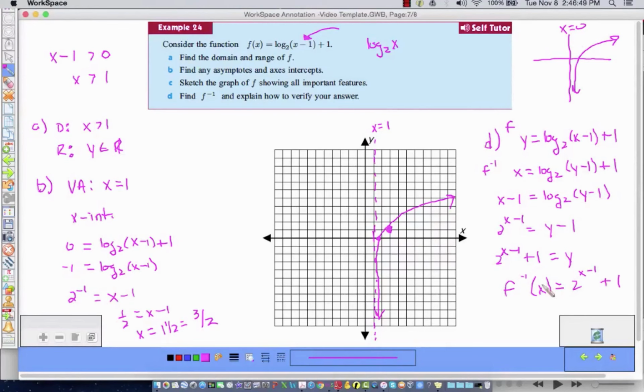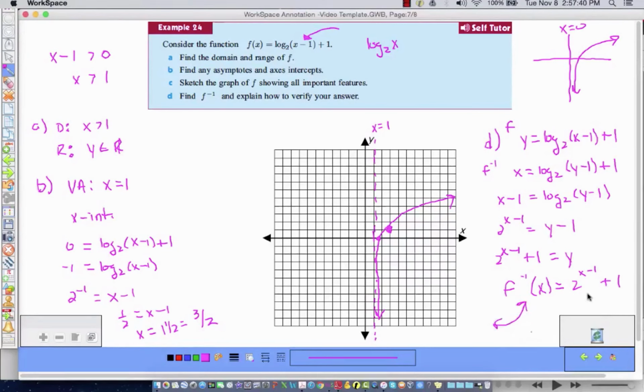We also know that the domain of this function is all real numbers. There's no value of x that I cannot put in, okay? And so that's the domain, which is the range of the original function. And as far as the range is concerned with the exponential function, it's going to be y greater than 1, because an exponential function looks like this, okay?